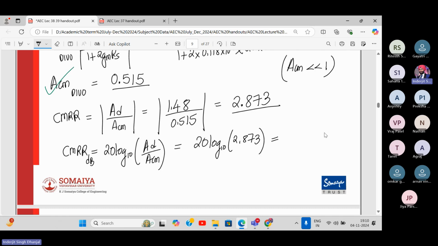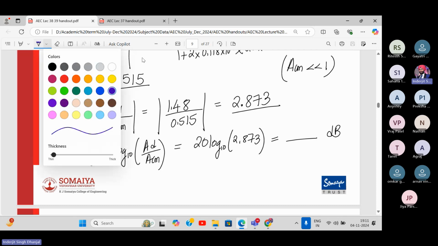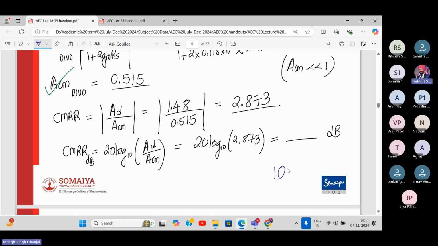So now tell me the exact value in dB. So do 20 log to the base 10 of 2.873. That will give you the final answer. And this will fetch you very important 10 marks. It's a 10-mark question. In a 50 marks paper, 10 marks are extremely important.